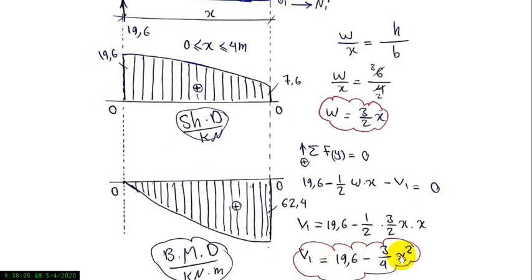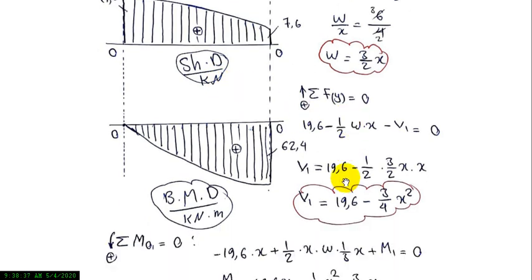And when we give x equal to 4, V1 equals 7.6. This part can be calculated. Because it is quadratic, we draw the curve, and it is the shear force diagram in kilonewtons.